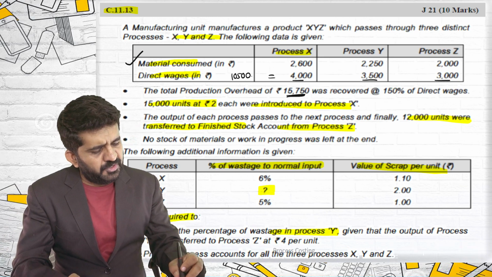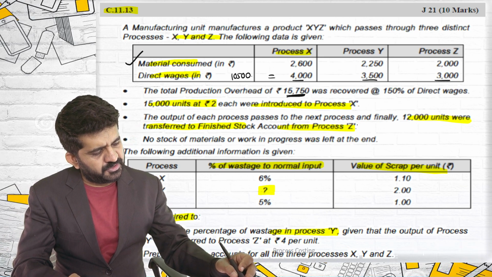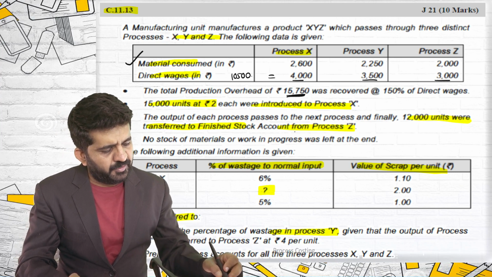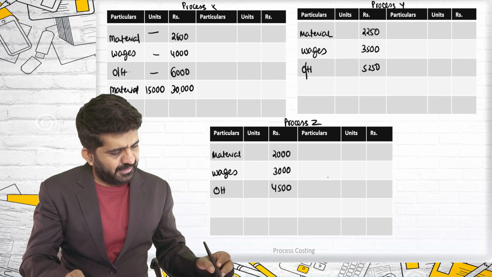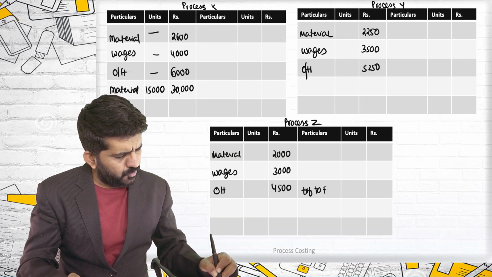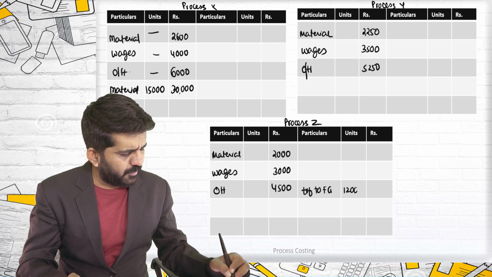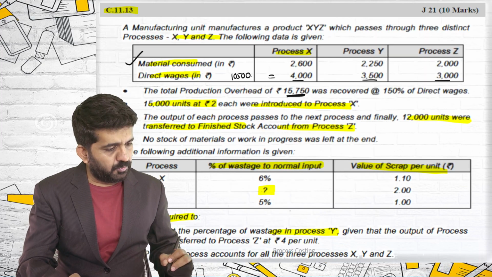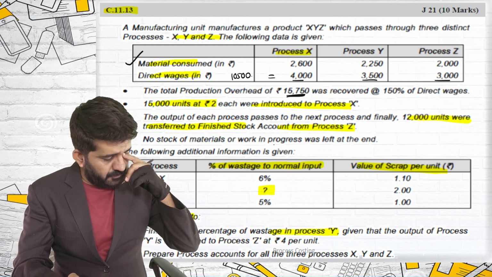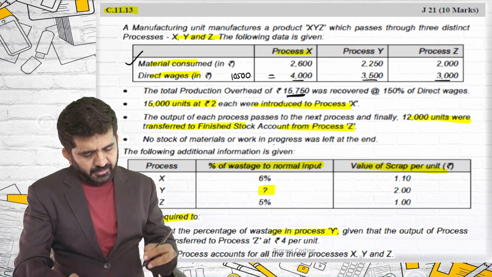The output of each process passes through the next process, and finally 12,000 units were transferred to finished stock account from process Z. So from process Z, 12,000 units were transferred to the finished goods account. We don't know what the rupee value was. No stock of material or work in progress was left at the end.